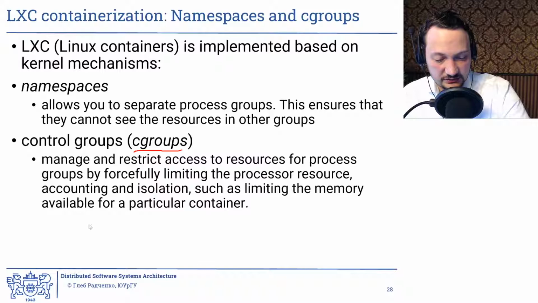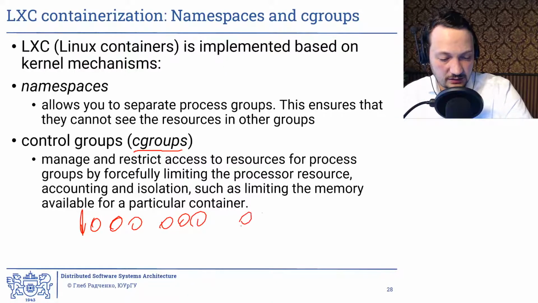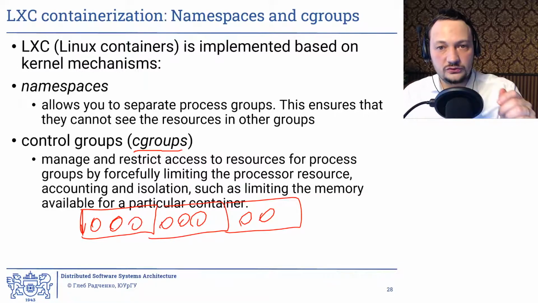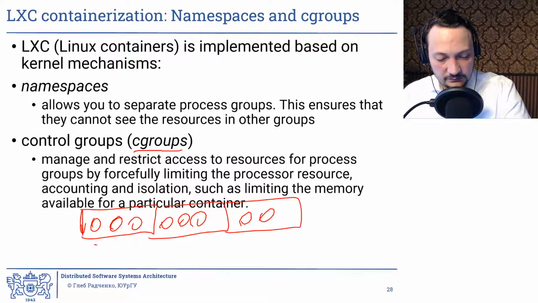So as I said earlier, we have a set of processes. They are isolated. So this is container 1, this is container 2, this is container 3, and we use control groups to say, okay, you have 2 gigabytes of RAM and you have 1 CPU.